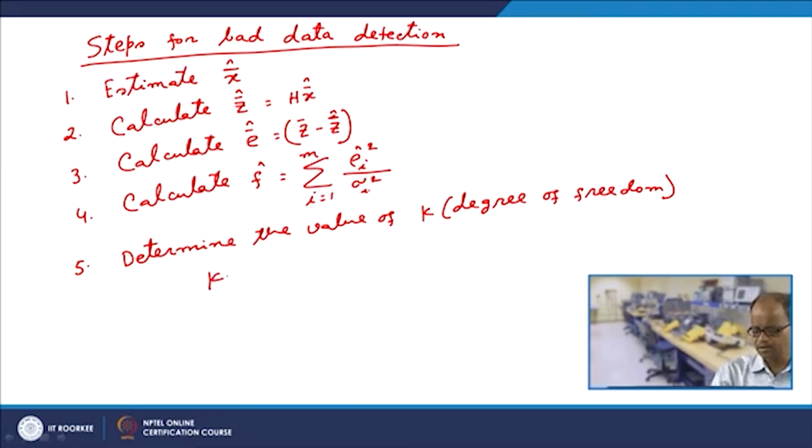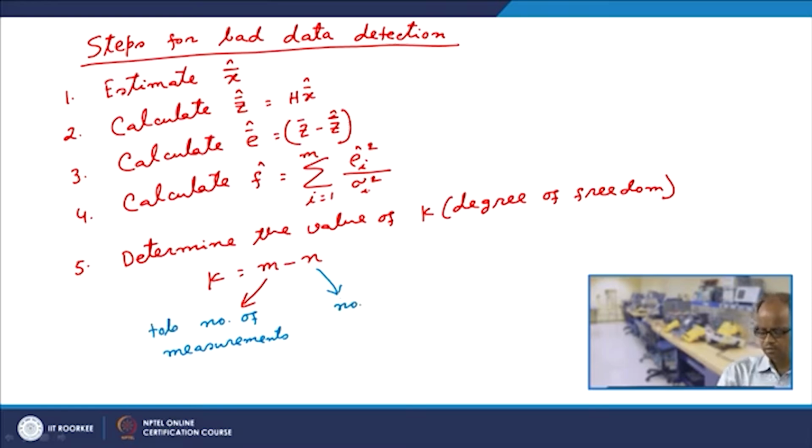K is m minus n, where m is the number of measurements and n is the total number of states.